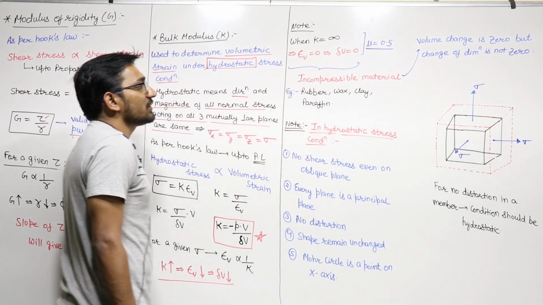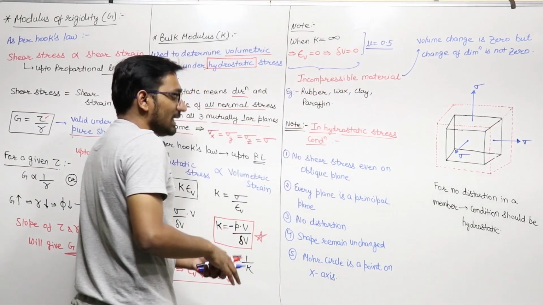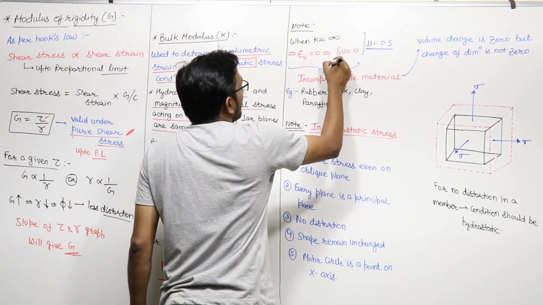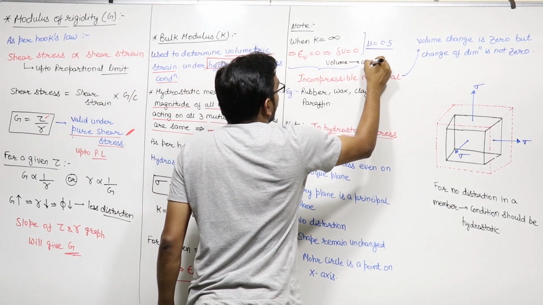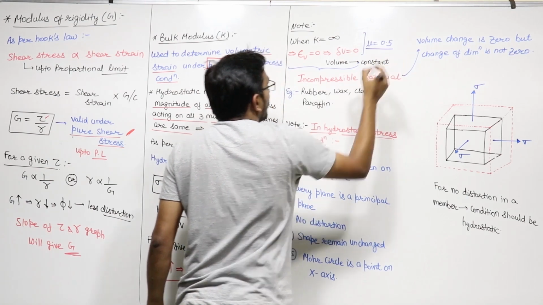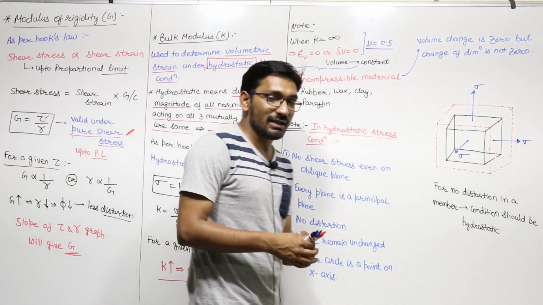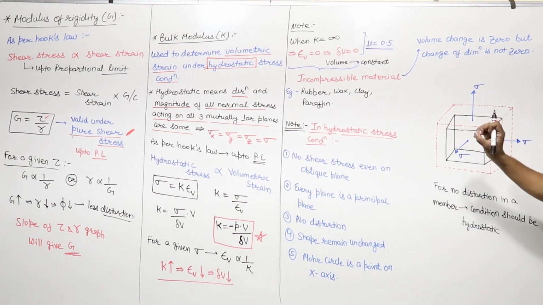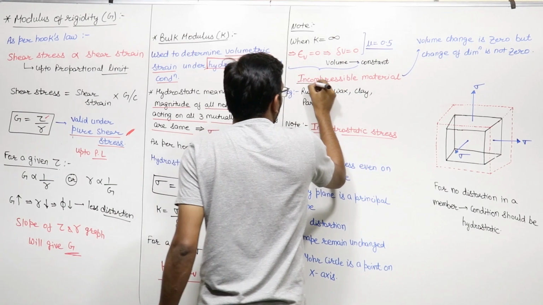If the volumetric strain is 0, the change of volume will be 0, which means the volume will remain constant. So when you apply a pressure, but the K value of that material is infinity and the change of volume is 0, that material is known as incompressible material.